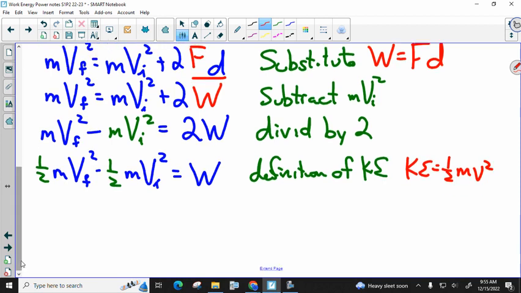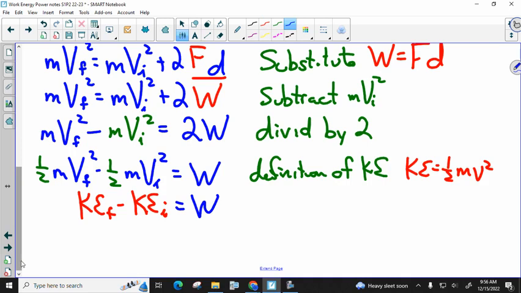So if I've got 1/2 m Vf squared, that's the final kinetic energy, minus the initial kinetic energy, equals work.